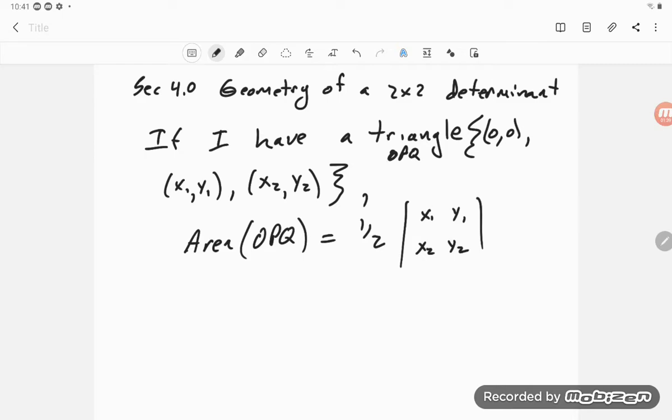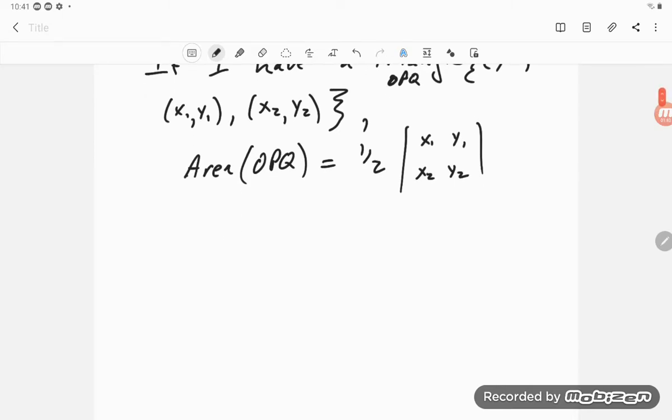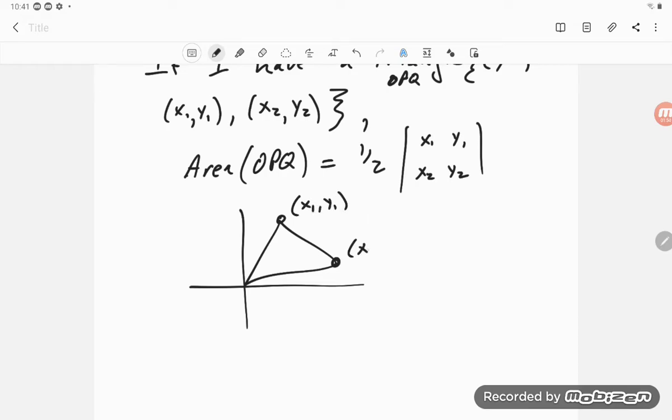That's kind of cool. Okay, so we're saying that we'll put them out here in the positive quadrant like that. So here's some x1, y1 and some x2, y2, and at the origin, and it turns out if we take half the value of the determinant of that particular 2 by 2 matrix, we get that determinant.